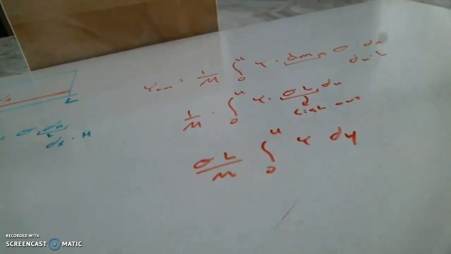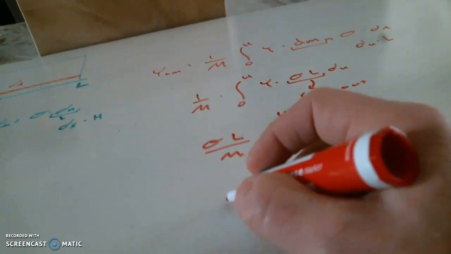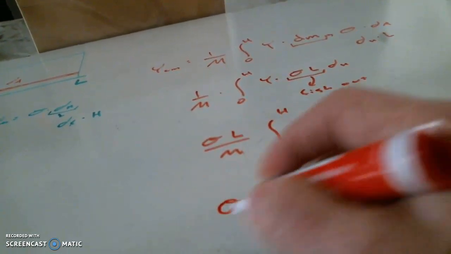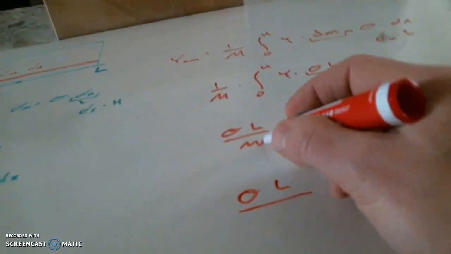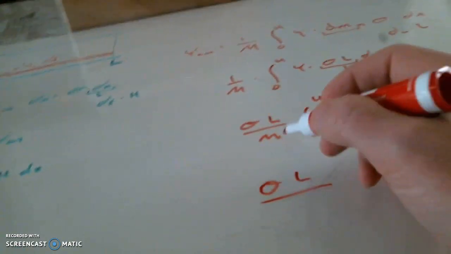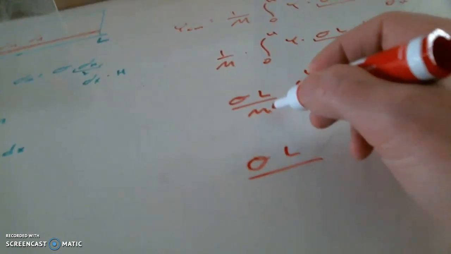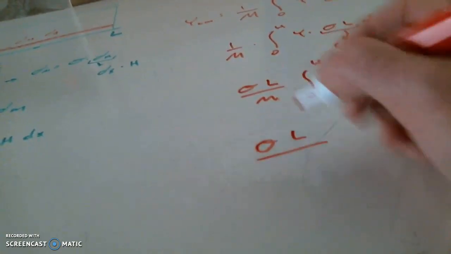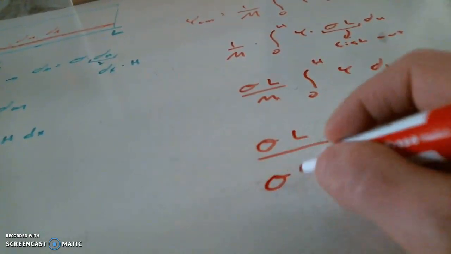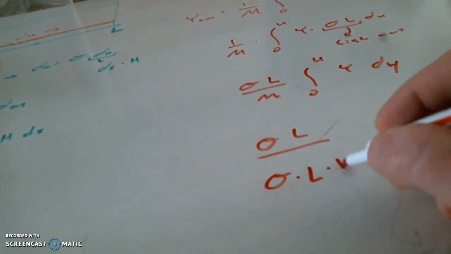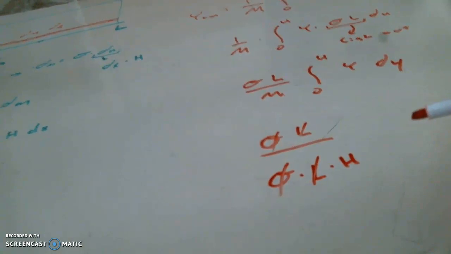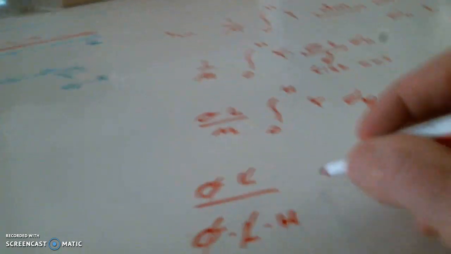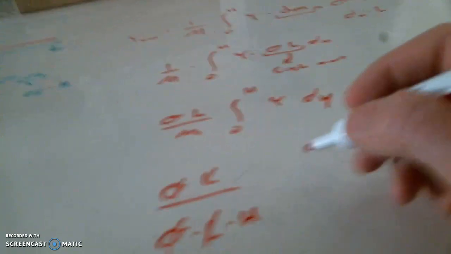You know, this just becomes y squared over 2. So this again is a sigma L over, now remember that mass, the same substitution I did when I found the x center, I can do with the y center. This will be the density times the length times the height. So those two die. And what I'm left with then is just that h in the denominator.